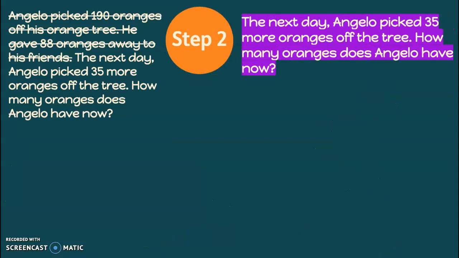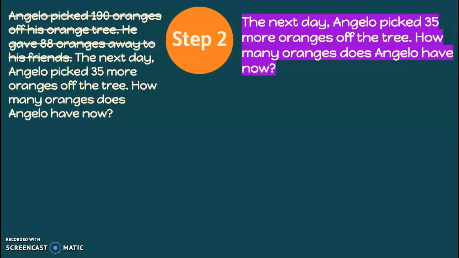So now that we have found step 1, let's take a closer look at step 2. We have, the next day, Angelo picked 35 more oranges off the tree. How many oranges does Angelo have now? Am I going to add or subtract 35 from my step 1 answer?